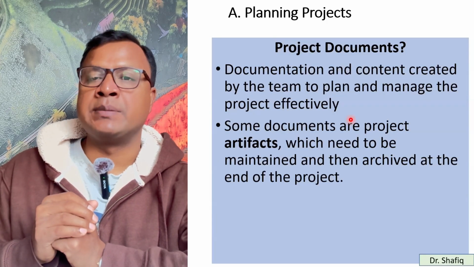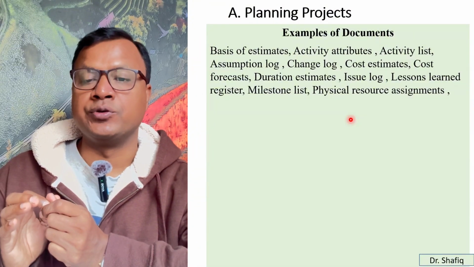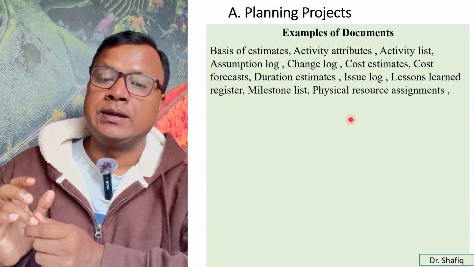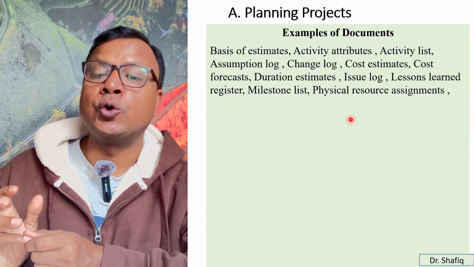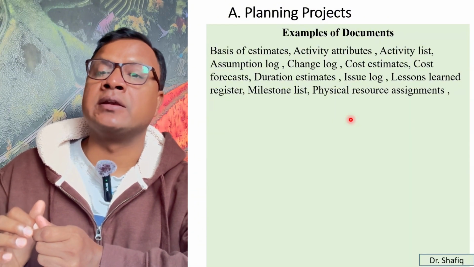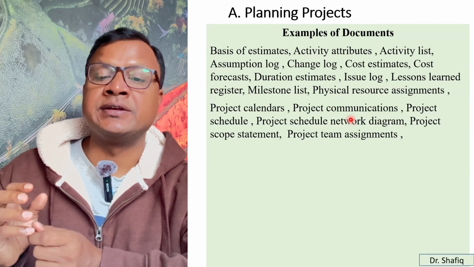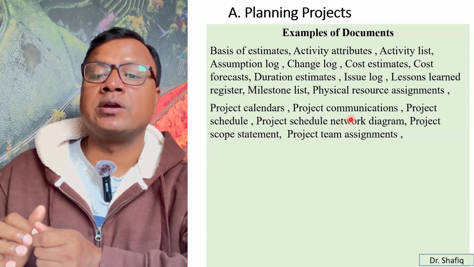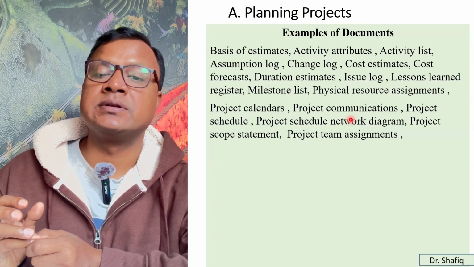So here are some examples of documents like basis of estimates, activity attributes, activity list, assumption log, change log, cost estimate, cost forecast, duration estimate, issue log, lessons learned register, milestone list, physical resource assignments. Also, some other documents are project calendars, project communication, project schedule network diagram, project scope statement, project team assignments.